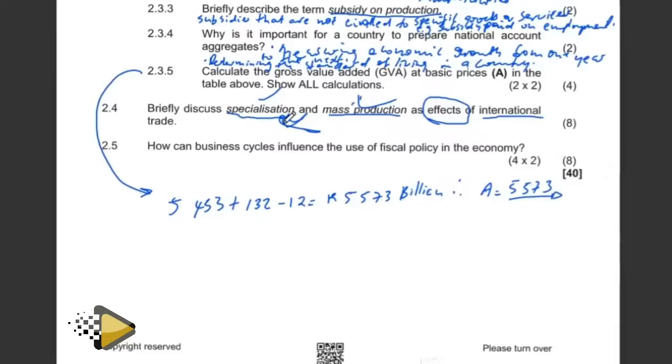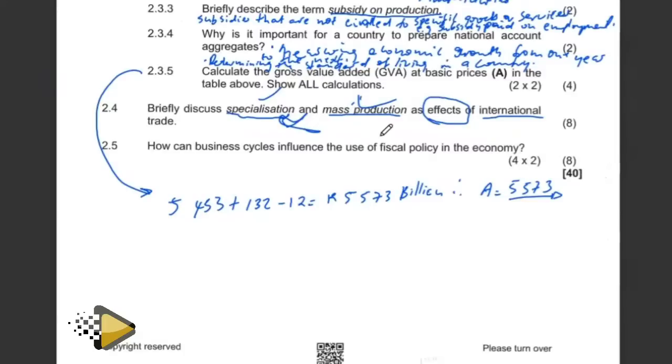Okay, right. So now let's check the effect of mass production on international trade. If we have mass production in line with international trade, it means that that particular country is able to process goods and services in larger quantities. It means that it is going to sell to other countries.